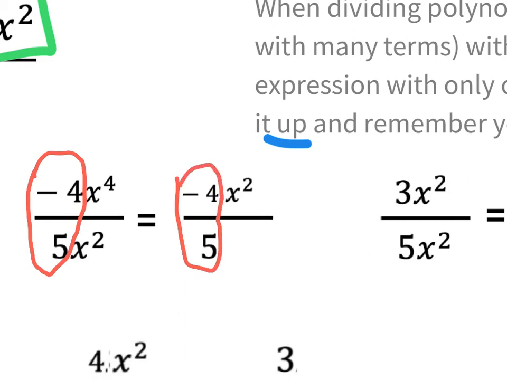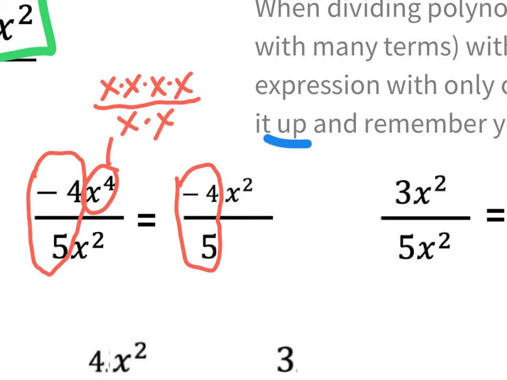Now, when I see x to the fourth divided by x squared, once again, I think about it in terms of its expanded form. So I know that x to the fourth is actually the same as x times x times x times x. It's 4 x's being multiplied together. And x squared is just the same as x times x. So I know that I can actually cancel some of these out, right?